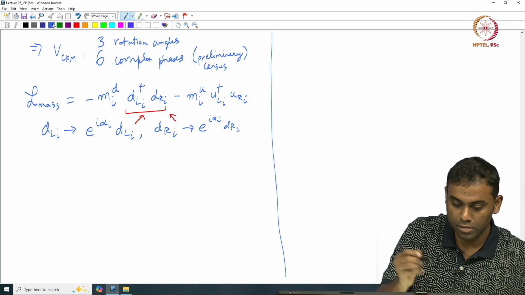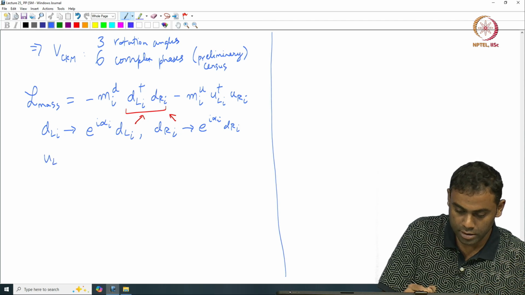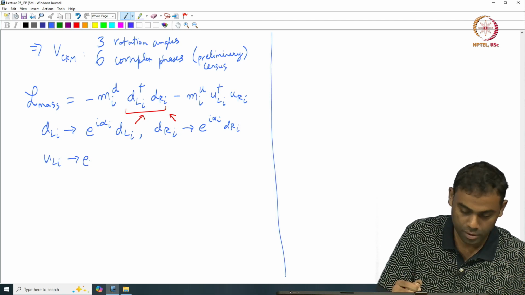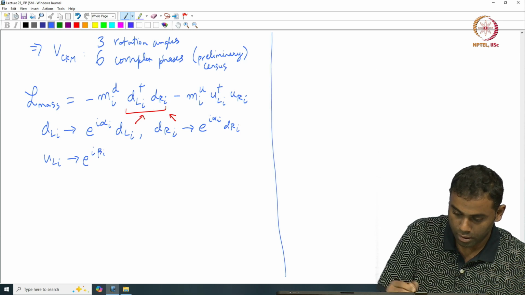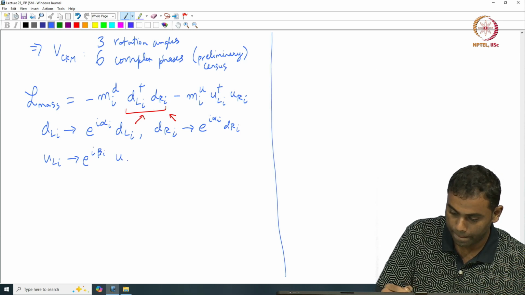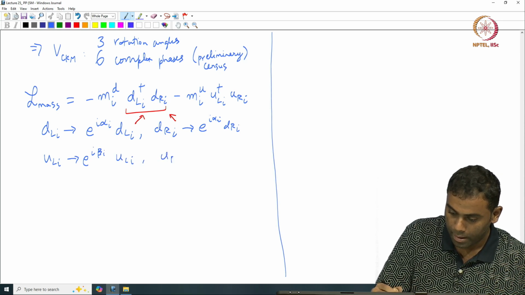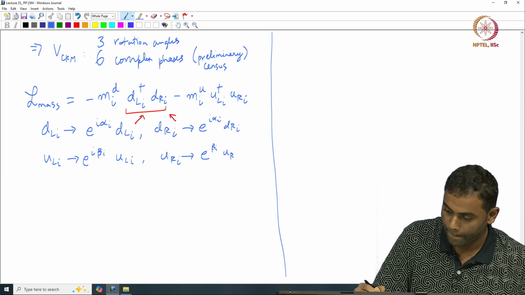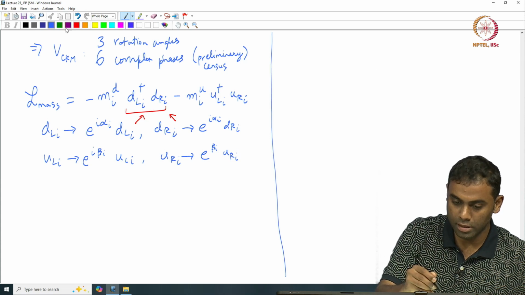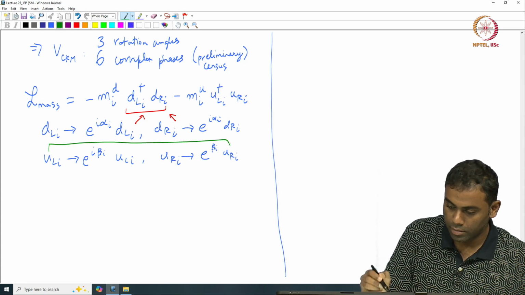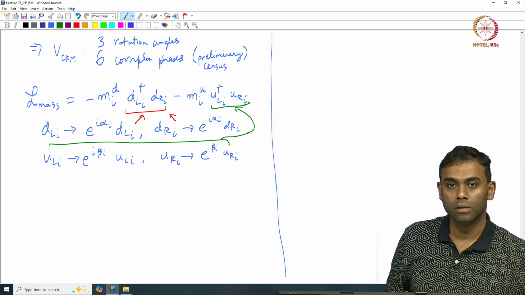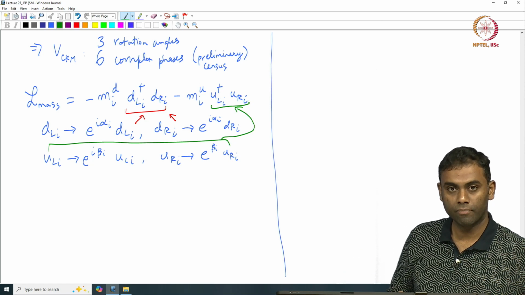And similarly, if I rephase the up type quarks by yet another phase, but the left and the right handed ones by the exact same phase, would you agree that similarly this combination will leave this mass term invariant?